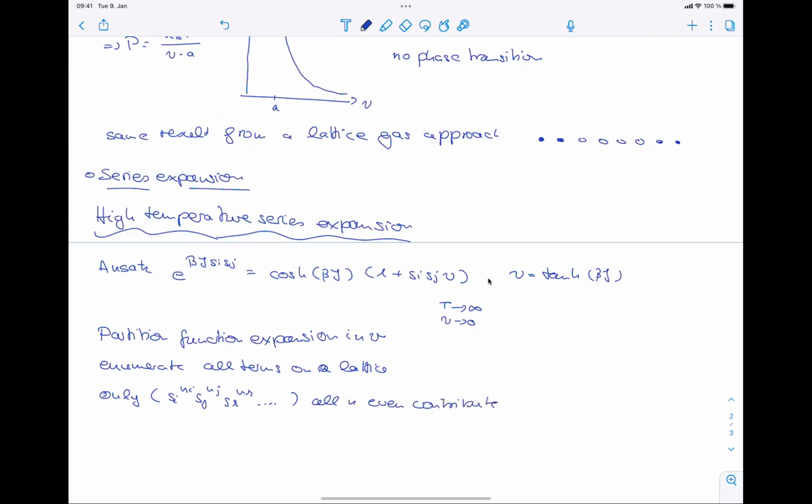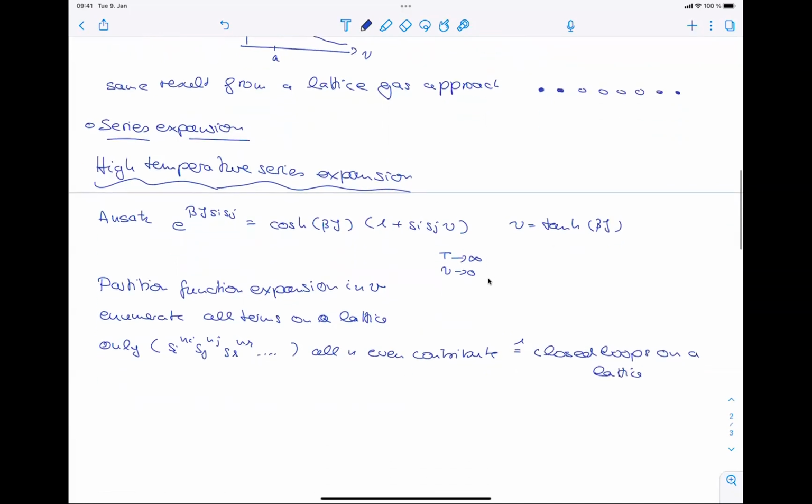So only these terms give a non-zero contribution to the partition function, and they correspond to closed loops on a lattice. So what we did, in fact, was enumerating what are states where I have closed loops or connected closed loops.